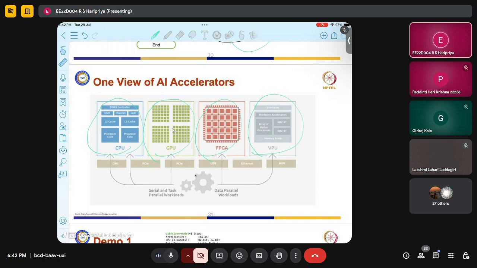The data parallel workload can be run in the coprocessors like FPGA or the VPU, and the serial task can be run effectively in the CPU, and the serial and parallel task can be run in CPU and GPU. To communicate between the CPU and GPU we need a protocol, so they use the PCI Express protocol.